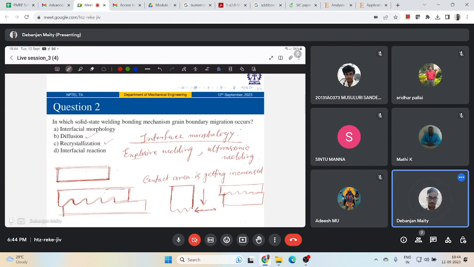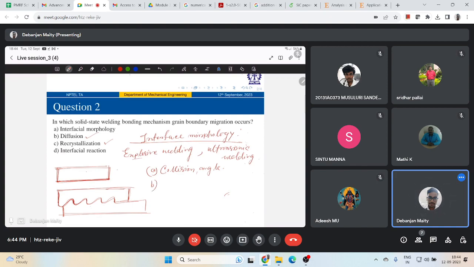And the amount of waviness in explosive welding, what does it depend upon? It depends on the process parameters for explosive welding that I have already mentioned. You have the collision angle. What else?